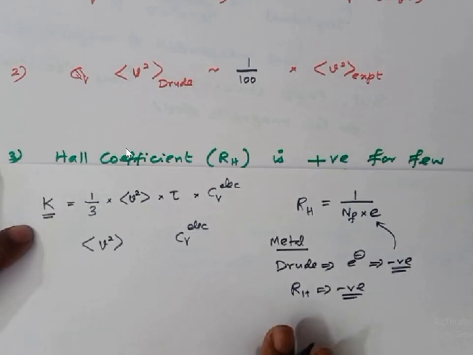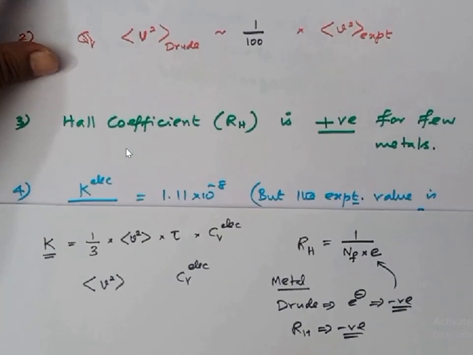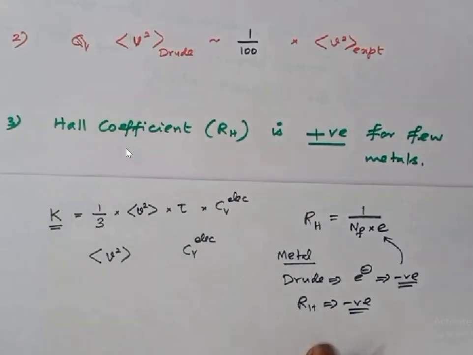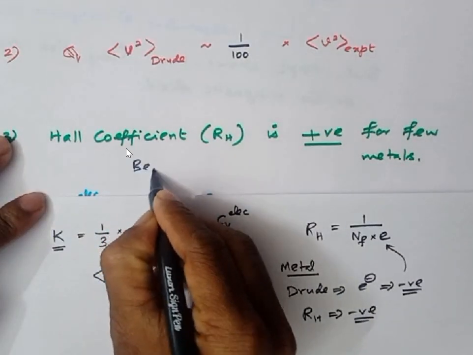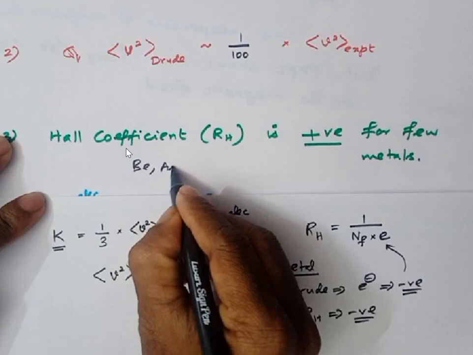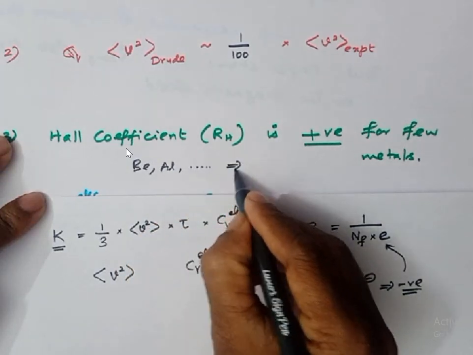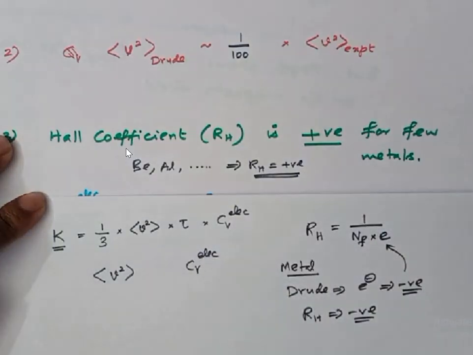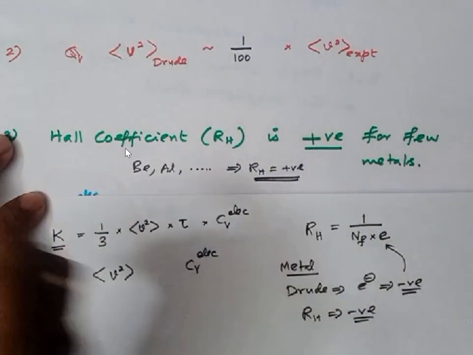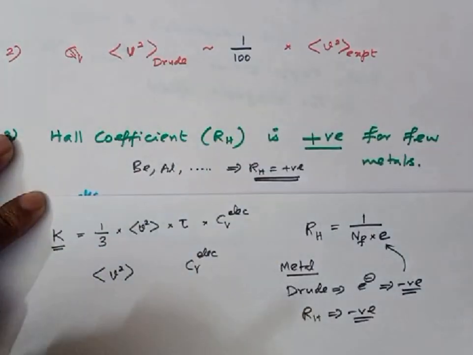Yes, it was observed for many metals that the Hall coefficient is negative, but for a few metals, like beryllium, aluminium, etc., the Hall coefficient value was found to be positive. What is the source for getting this positive value? That could not be explained by the Drude model.